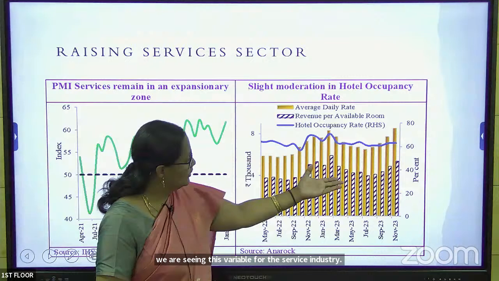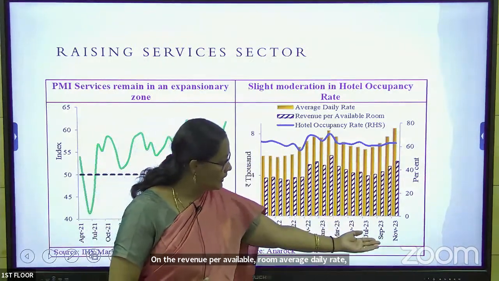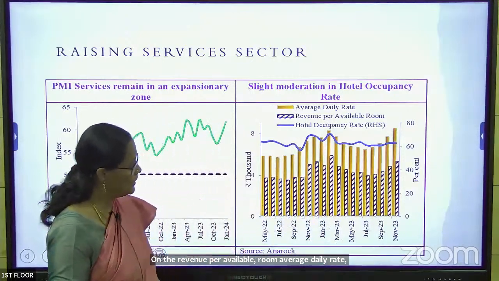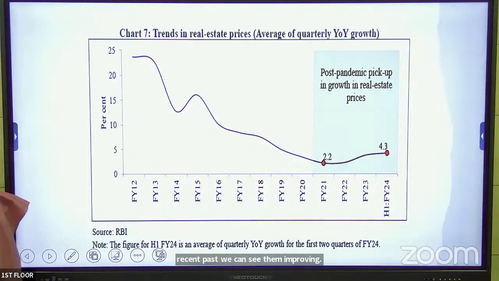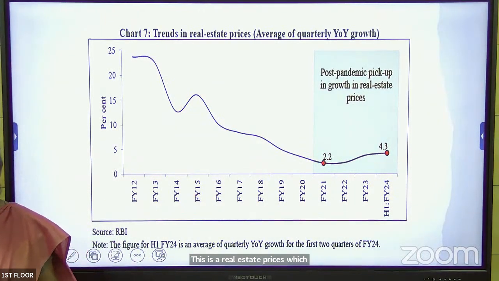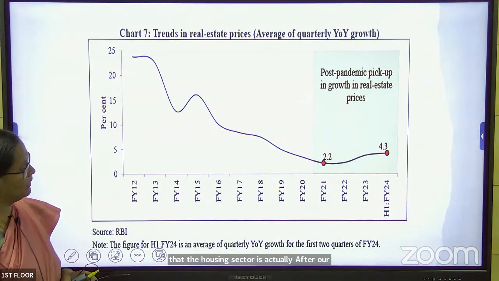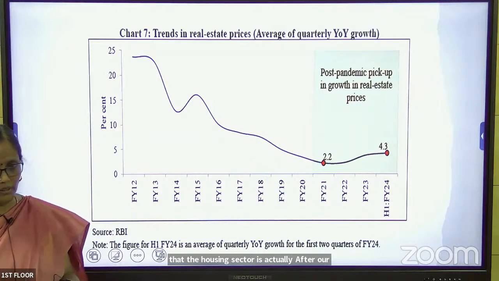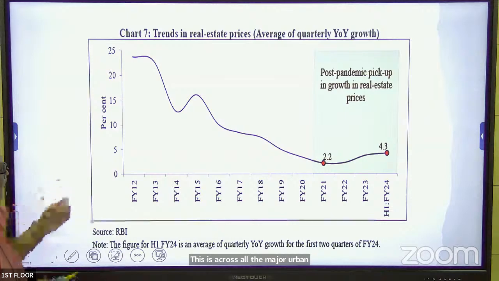Revenue per available room, average daily rate, everything is becoming better, only in the recent past. This is real estate prices, which again indicates that the housing sector is booming. After 2021, slowly the prices are picking up. This is across all the major urban cities.